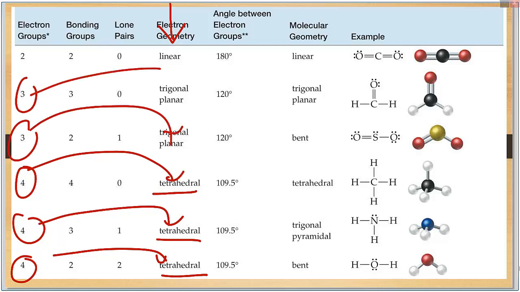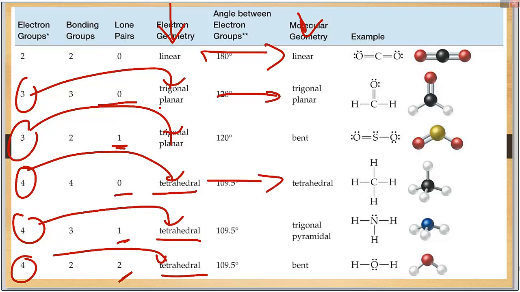Now, once we take the lone pairs into consideration, that's when we start looking at the molecular geometry. So notice when there are no lone pairs, it's the same. There's no lone pair, so it's the same. But once you start adding the lone pairs, then the trigonal planar becomes bent. With 1 lone pair for tetrahedral, it becomes trigonal pyramidal. With 2 lone pairs on the tetrahedral, it becomes bent.